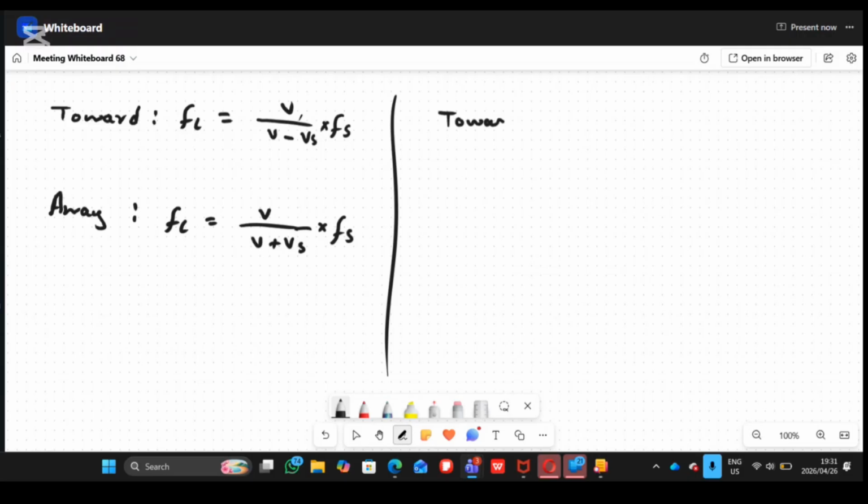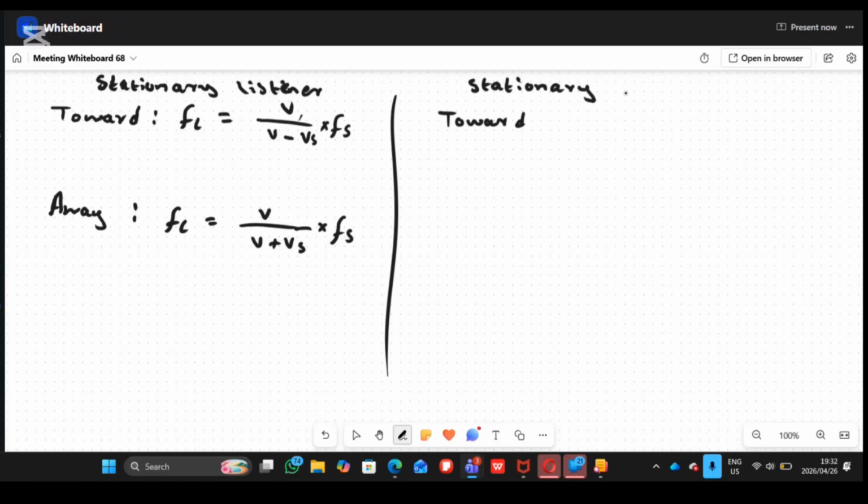Then towards a stationary sound source. The formula in this one is going to be: the frequency of the listener is equal to V plus the velocity of the listener, over V, because the sound source in this case is stationary, so its velocity is 0.